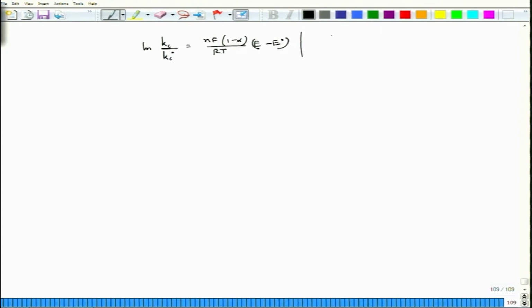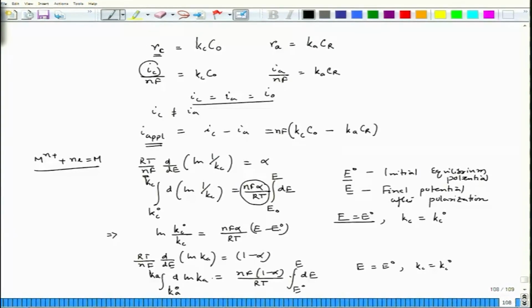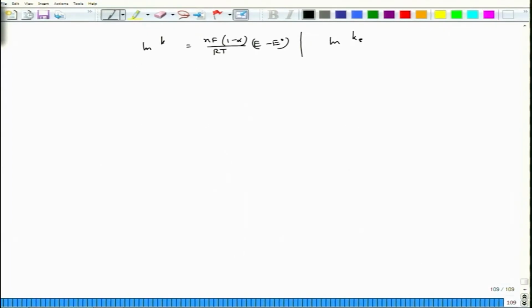This is oxidative, and another case ln Ka by Ka0, and this is Kc0 by Kc equal to Nf alpha by RT (E minus E0).